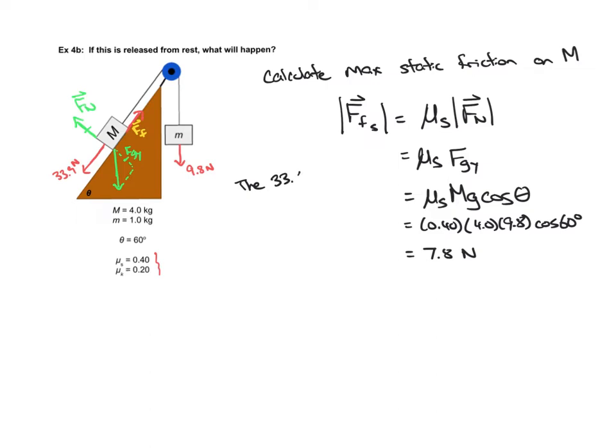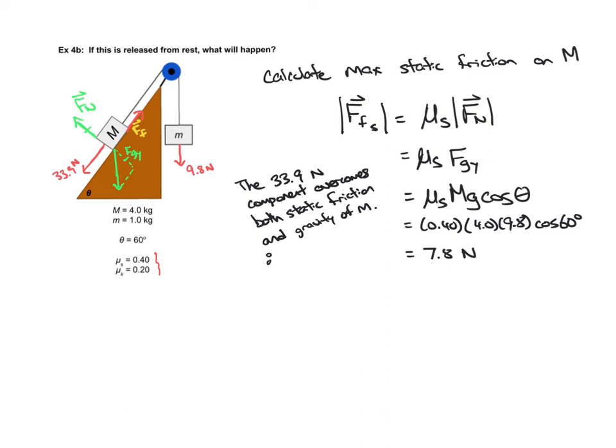The 33.9 newton force, or I won't call it a force, because it's just actually a component of gravity. So I'll say component overcomes both static friction and gravity of m, lowercase m. It beats them both combined.